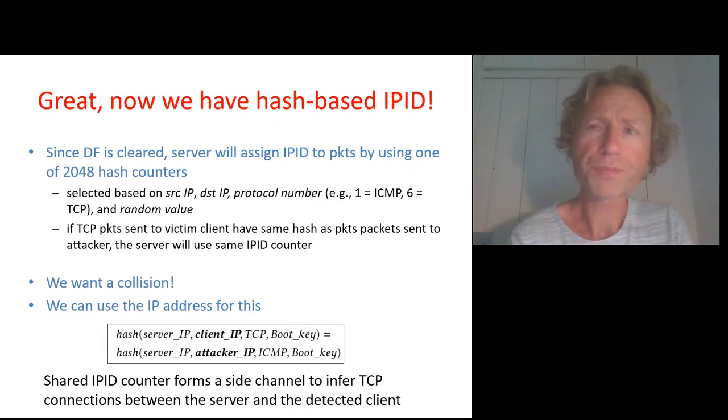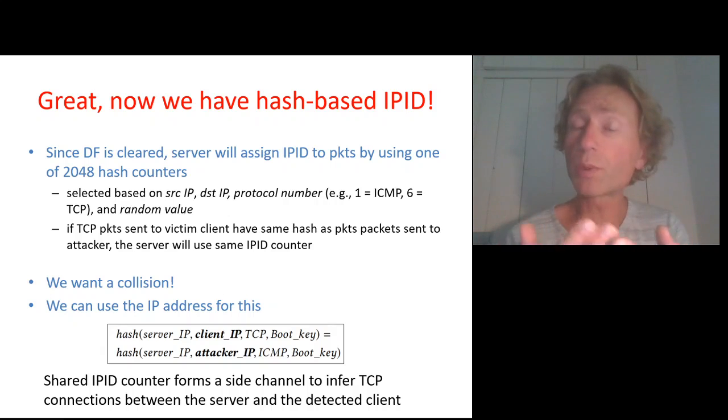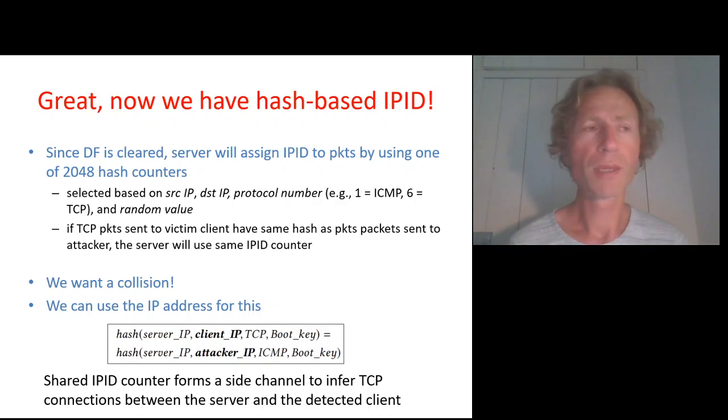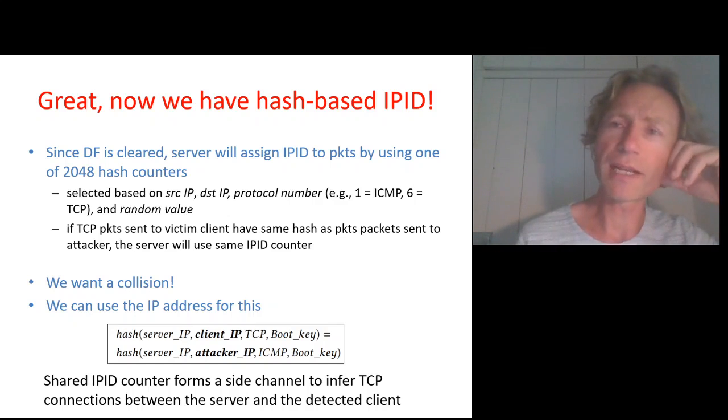Because what we want is to see what's happening to the counter that is also used for the victim. It has to be shared between the victim connection and your connection. So that's a challenge. How do we do that?